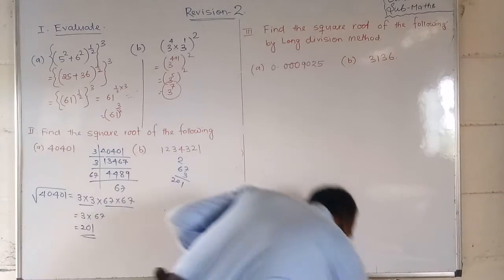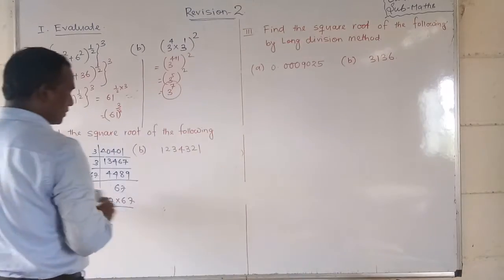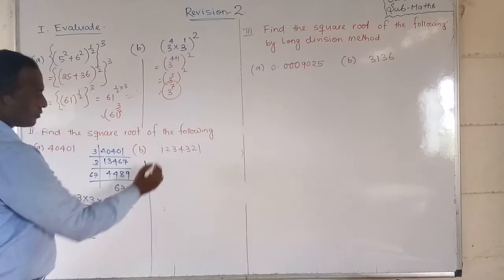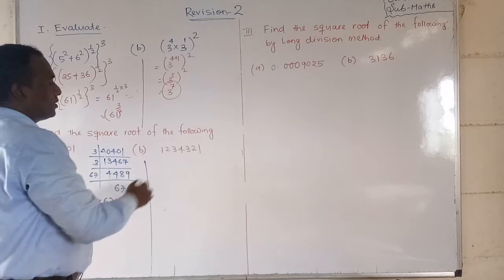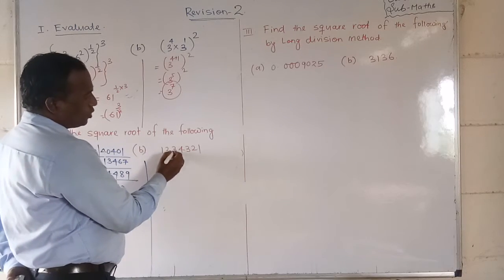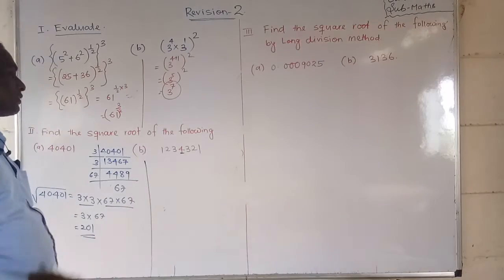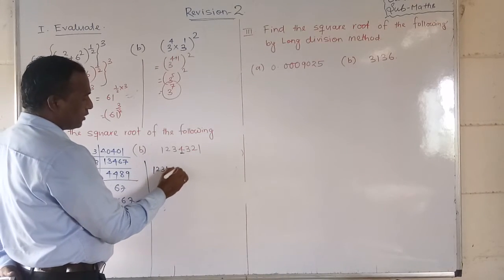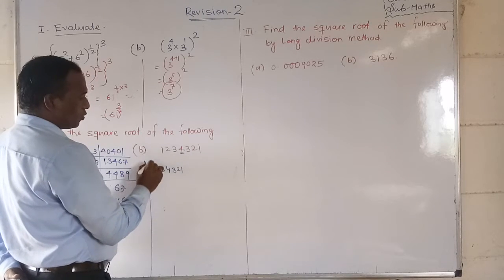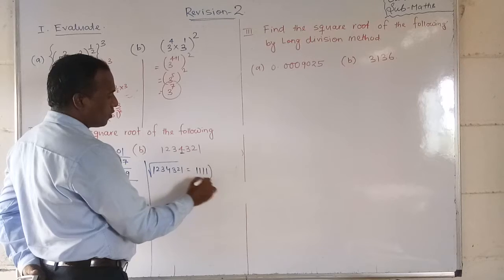Okay, now we can do this second problem, friends. Observe, it is one pattern. If you want, you can understand 1 2 3 4 3 2 1, that means 4. So 4 ones square it is. The square root of 1 2 3 4 3 2 1 is equal to 1 2 3 4 whole square.